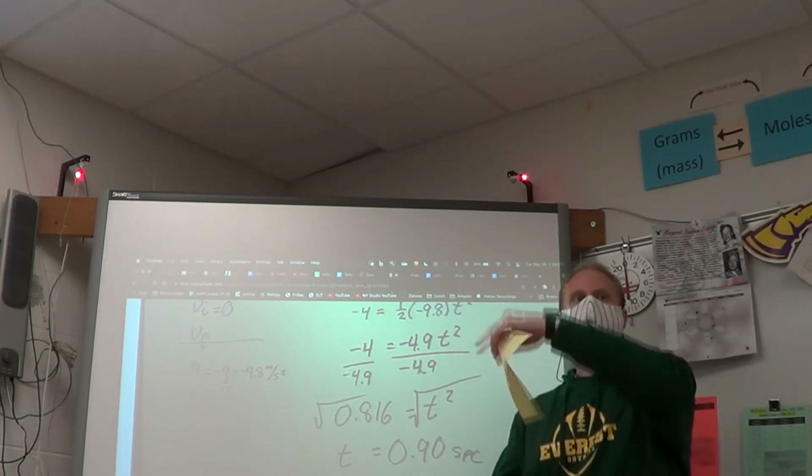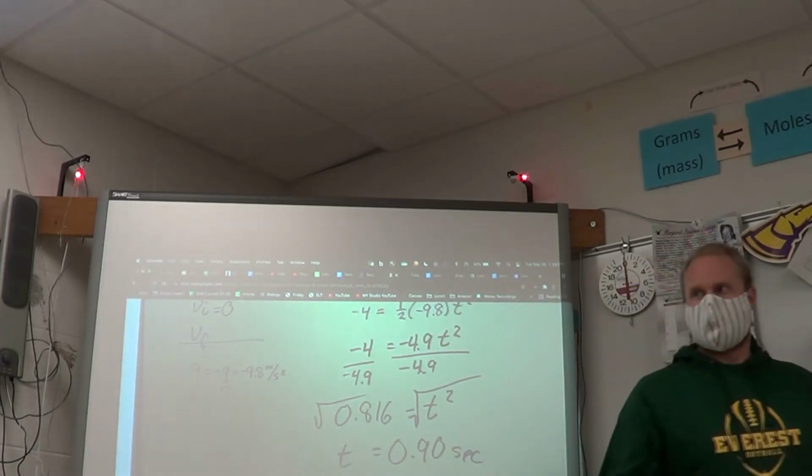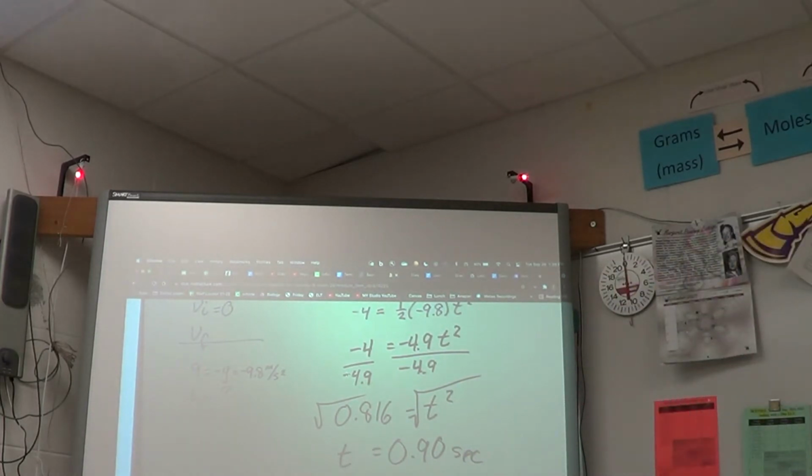What about on the way back down? Is that the only force acting on it? Yeah. So on the way down, is it a free fall problem? Yeah. On the way down, is the acceleration due to gravity negative 9.8 meters per second squared? Yeah, it sure is. Okay? And what about at maximum height?